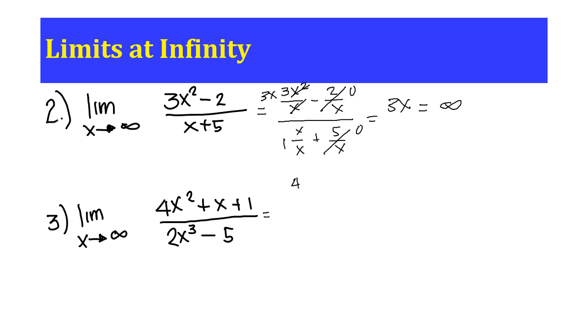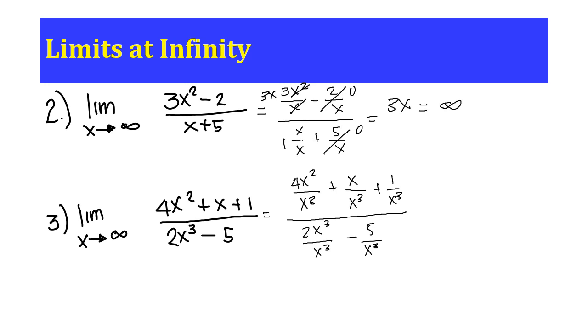We have 4x squared all over x cubed plus x over x cubed plus 1 over x cubed over 2x cubed over x cubed minus 5 over x cubed.